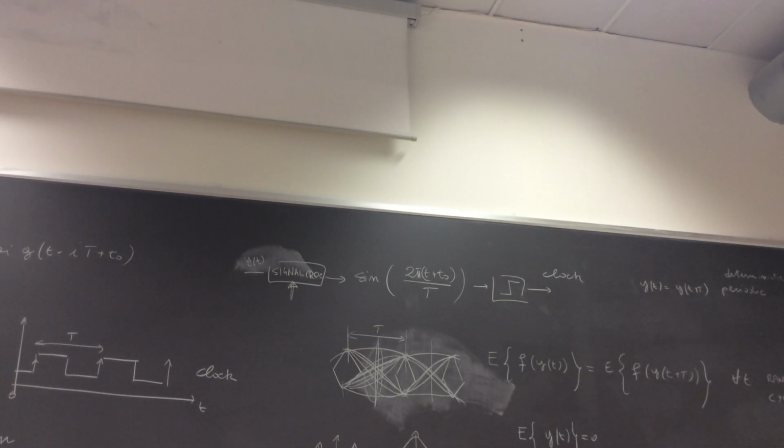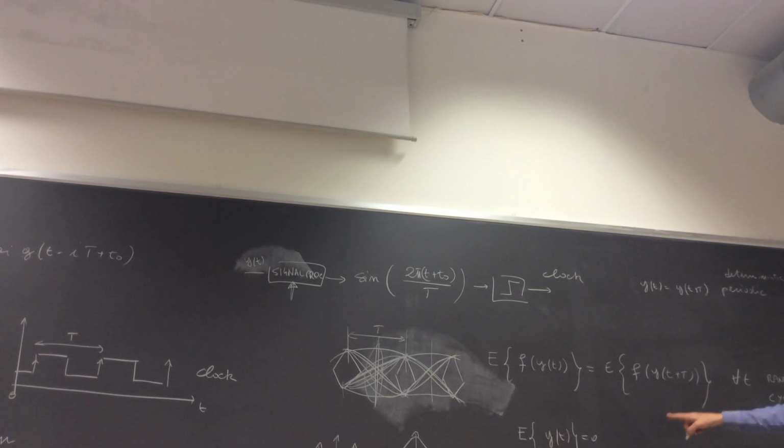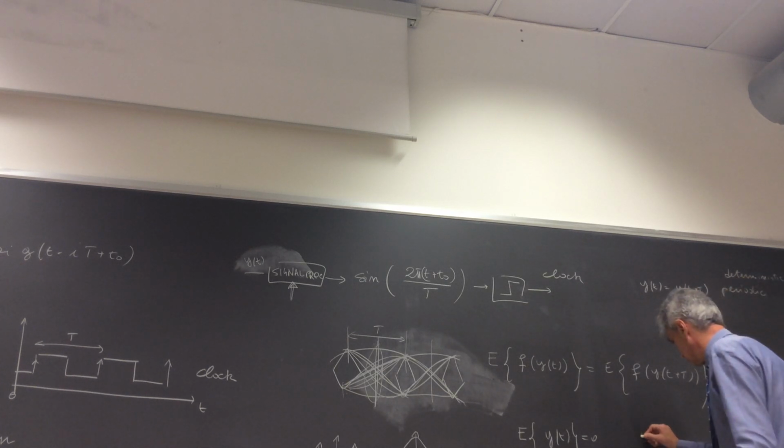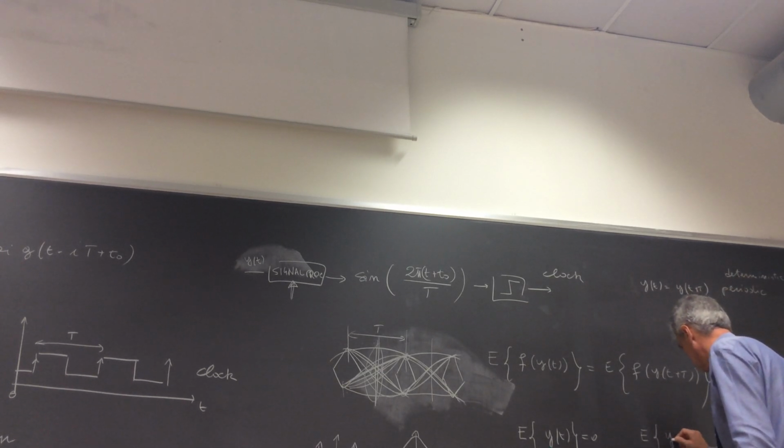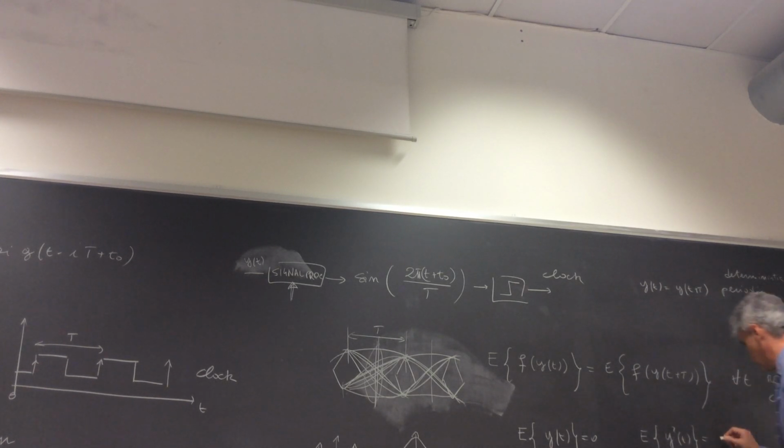So actually y is stationary for the mean. It is a special case of this, you see? This is a special case. And so, let's go on. What about this? For sure, we will have this relation.